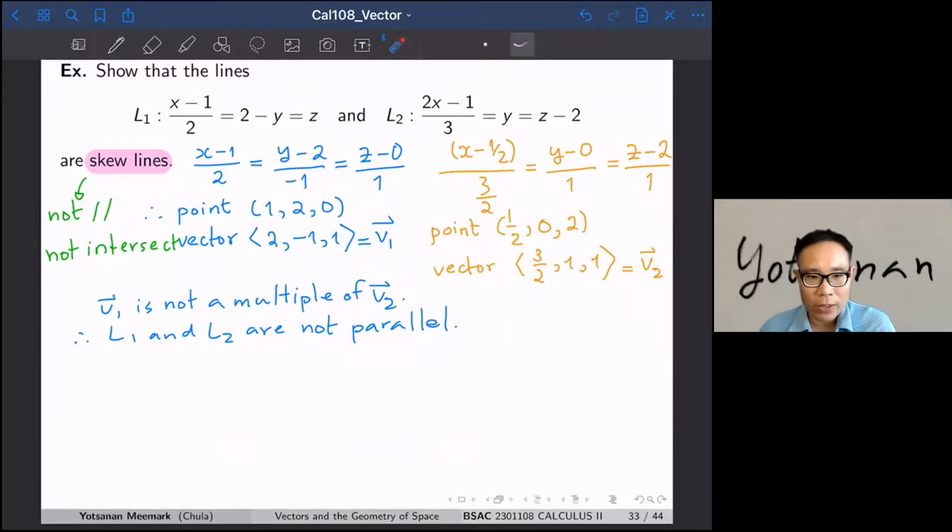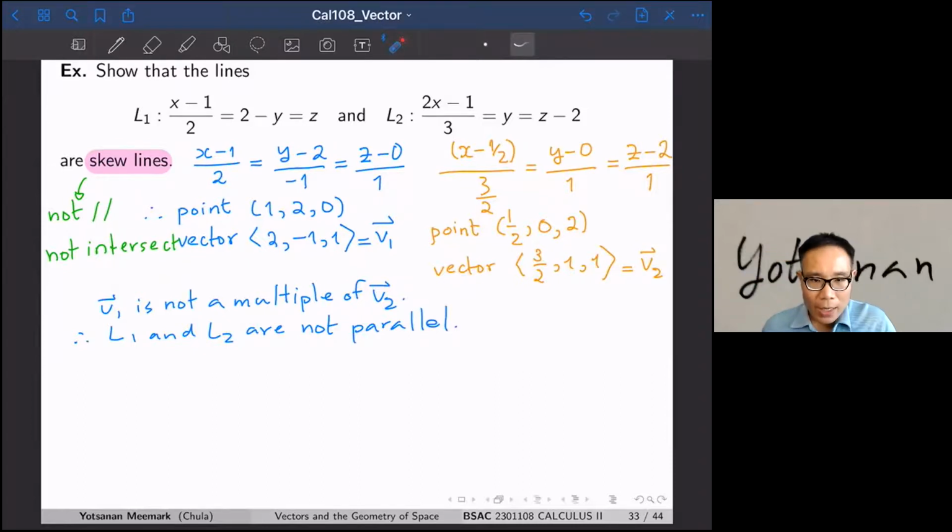So the lines L1 and L2 point in different directions. It's going to be something like this instead.